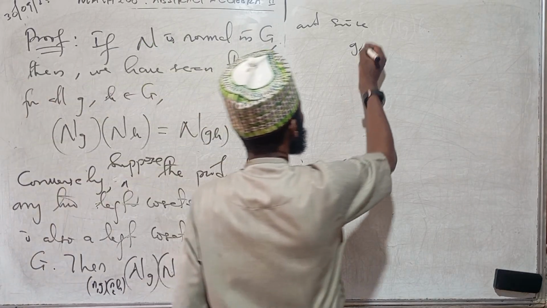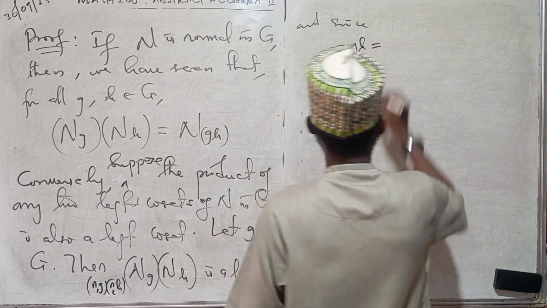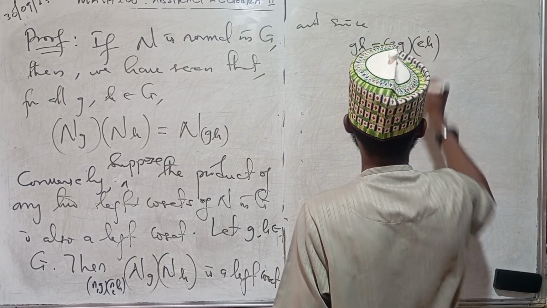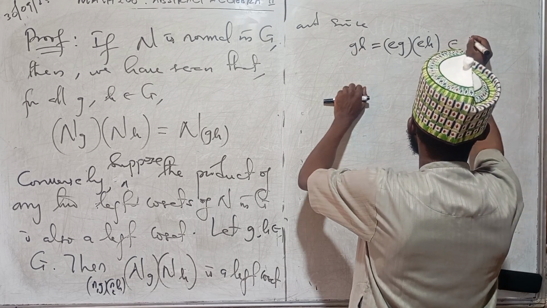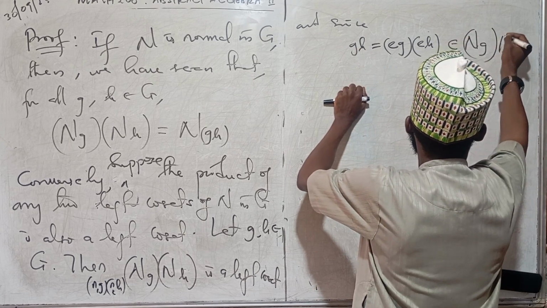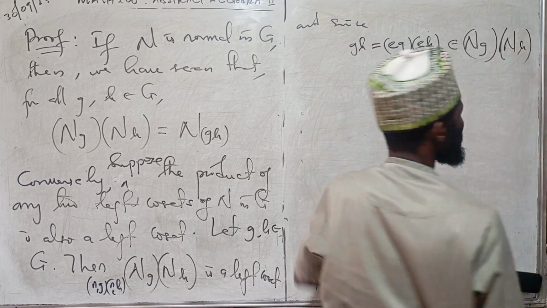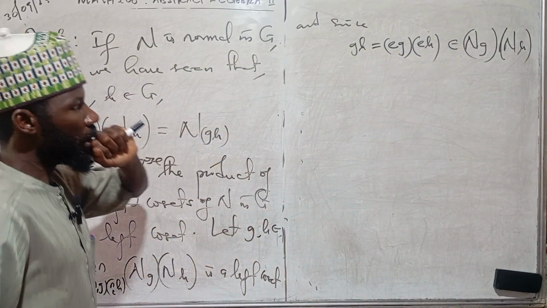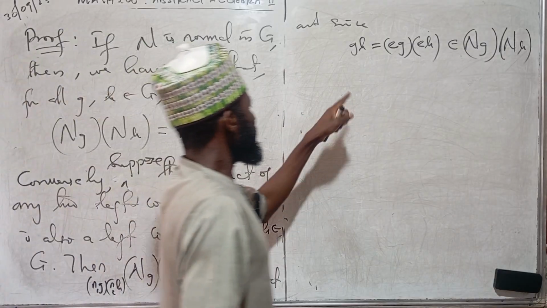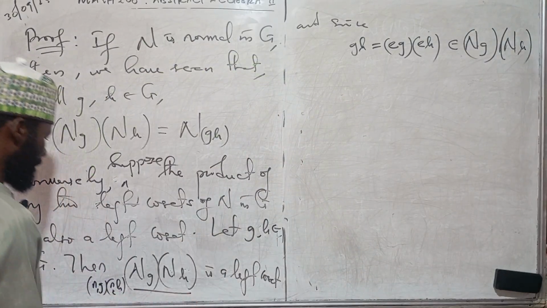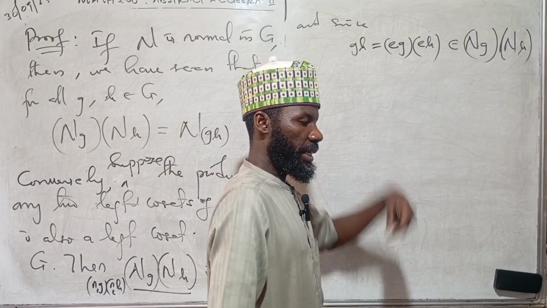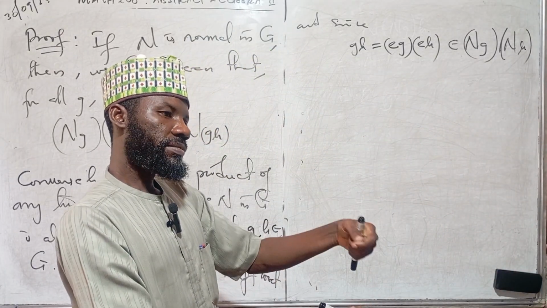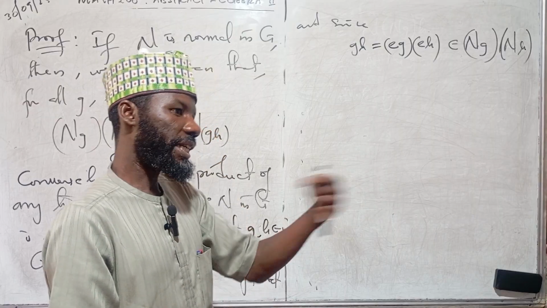Since I can write gh as identity times g, composite identity times h, this product is in NgNh for sure, because identity is a member of N. So this left coset contains this element. And you can pick any member from a left coset and use it as the class representative.